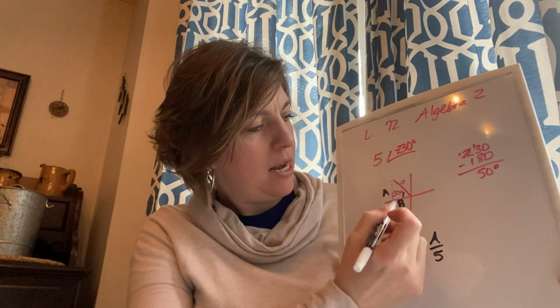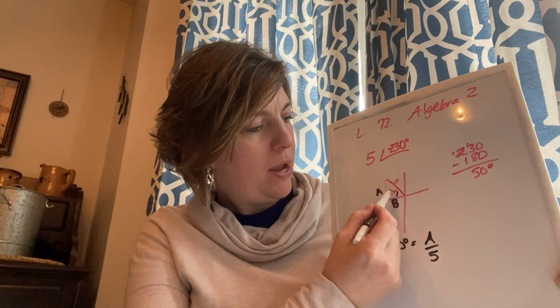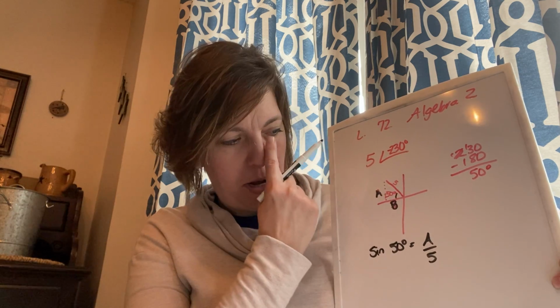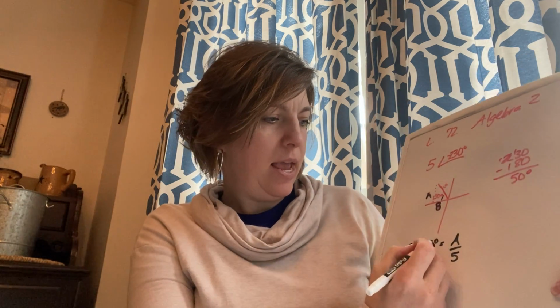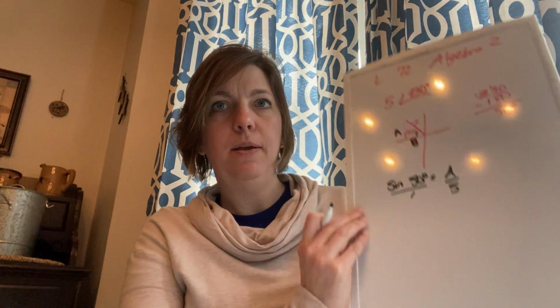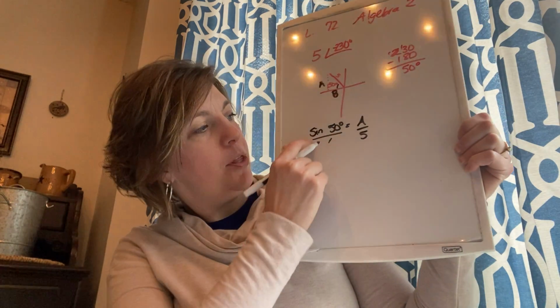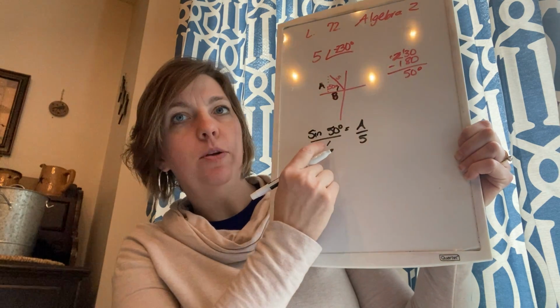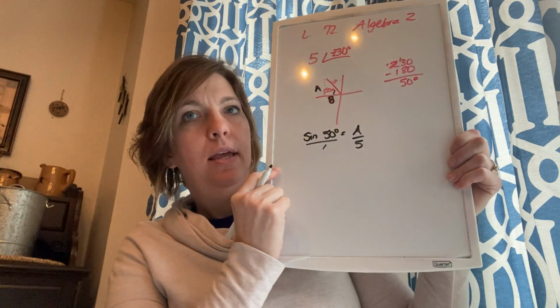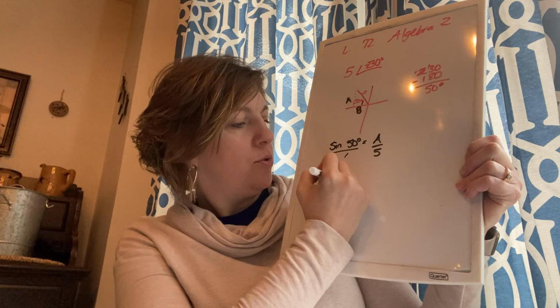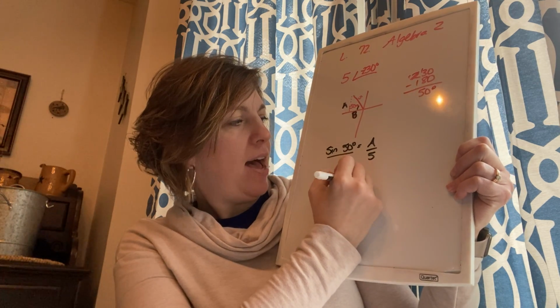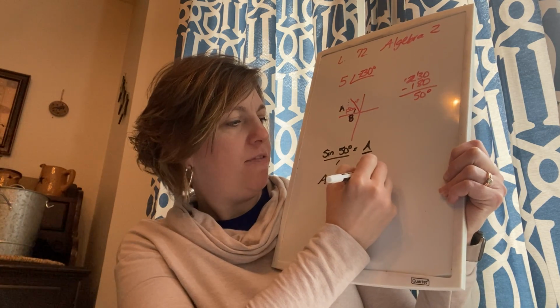If I'm standing here, the sine would be opposite over hypotenuse. If I put this as a ratio and cross multiply, A equals 5 times the sine of 50 degrees.